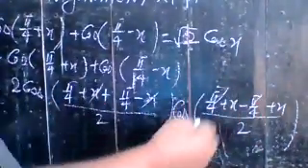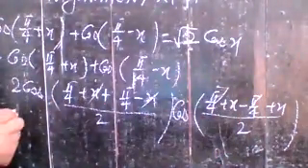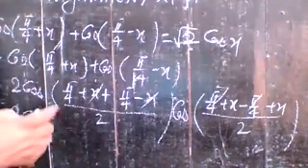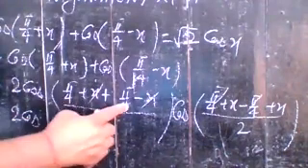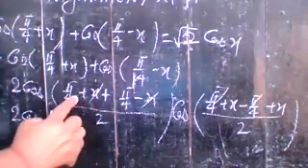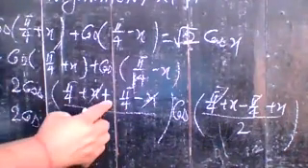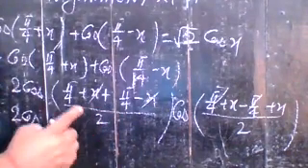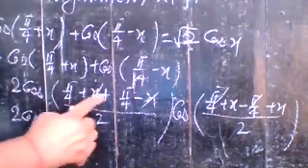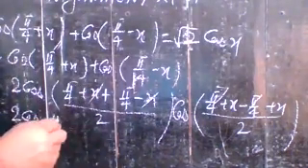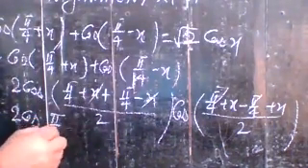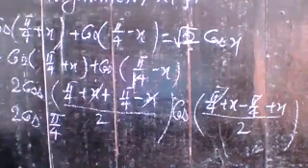Here pi by 4 cancels out in the second term. So 2 cos, and here pi by 4 plus pi by 4 is 2 pi by 4, which divided by 2 gives 2 pi by 8, and 2 pi by 8 means pi by 4.